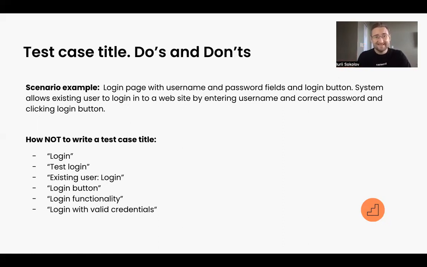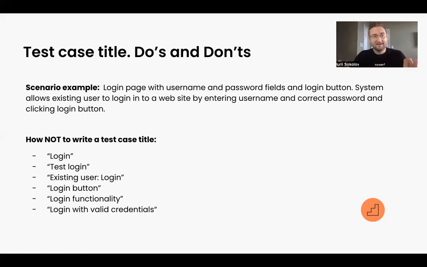The system allows an existing user to log in to a website by entering a correct username, correct password, and clicking the login button. And let's say our job is to write a test case title for it.